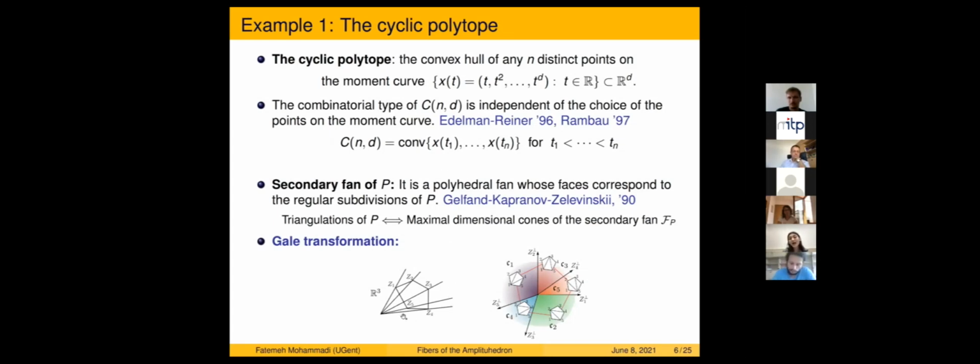Basically, whenever you have a polytope or projective polytope, like in this example, whenever you have n points in R^m, this Gale transformation takes these n labeled points in R^m to n labeled points in R^(n-m), and these correspond to the rays of the polyhedral fan in this picture. Then you have the rays, you look at the chamber fan, and you construct the polyhedral fan, which is the secondary fan of your polytope and encodes all these subdivisions. Okay, so that was the first example of amplituhedron.